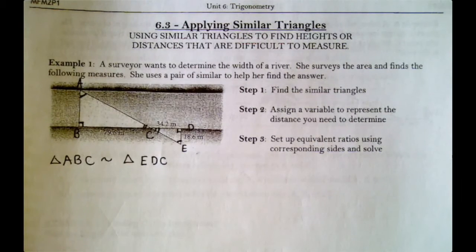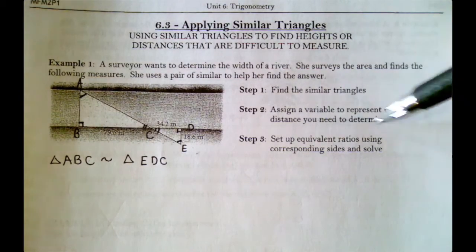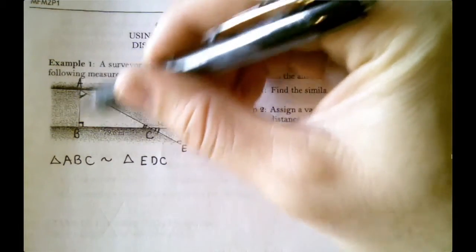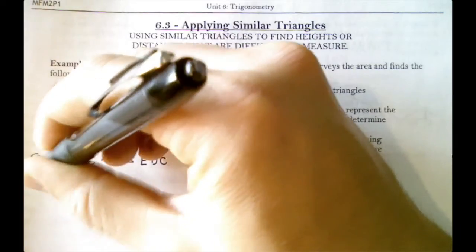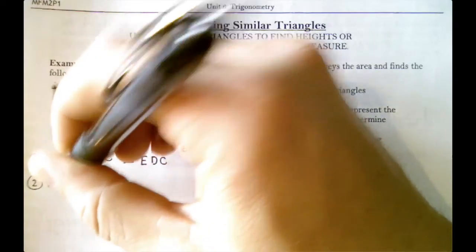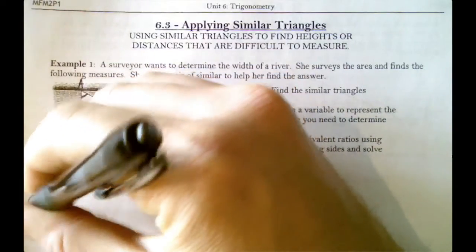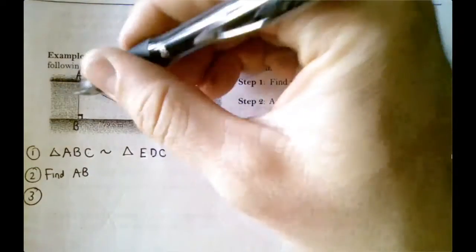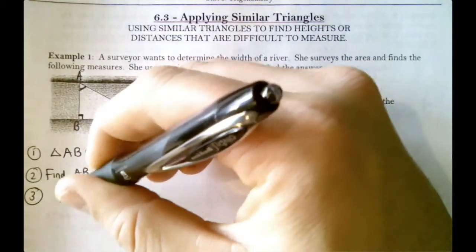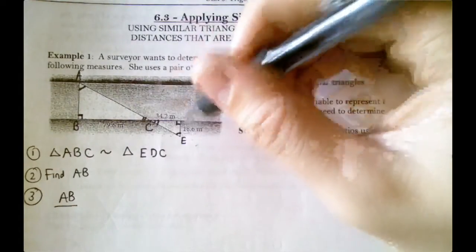Now let's write what side we want to find. Assign a variable to represent the distance we need to find. Well, we need to find AB. So that's step 1. Step 2, we want to find AB. And now we're going to solve it, just like we did in the previous lesson. So we're going to write our pairs of similar sides. We've got AB is going to be similar to ED, which is right here.